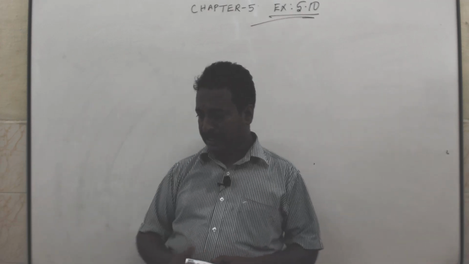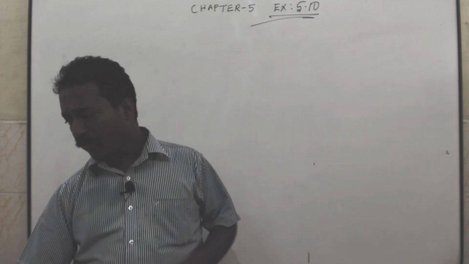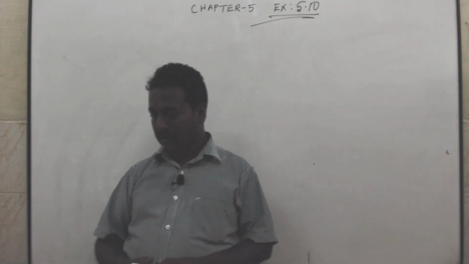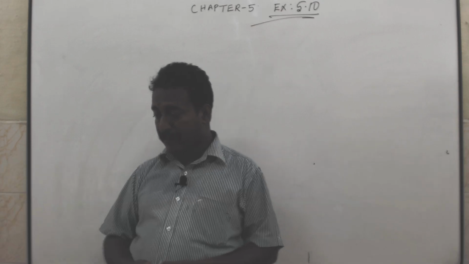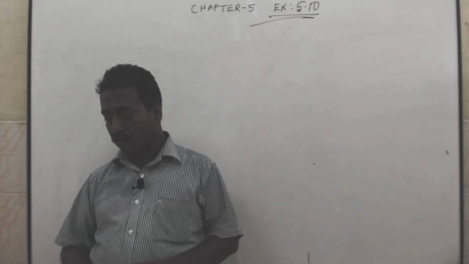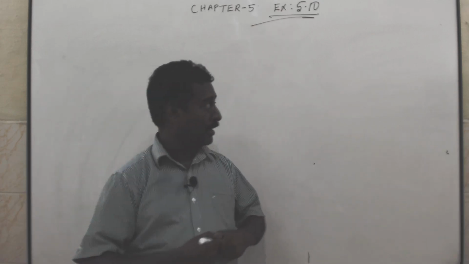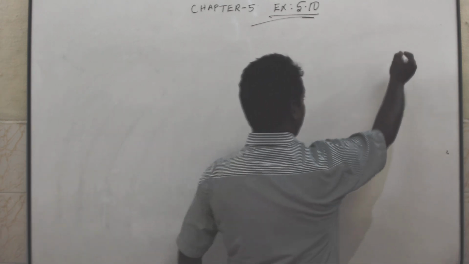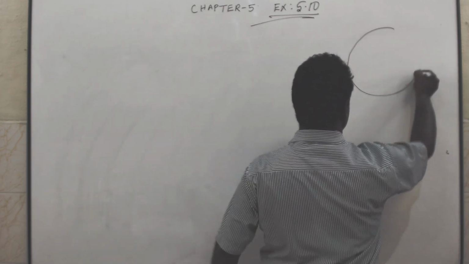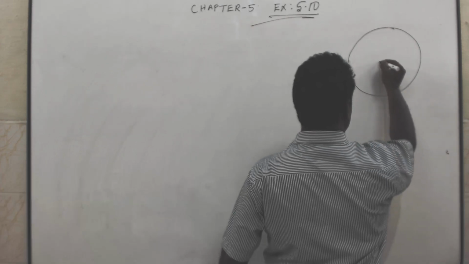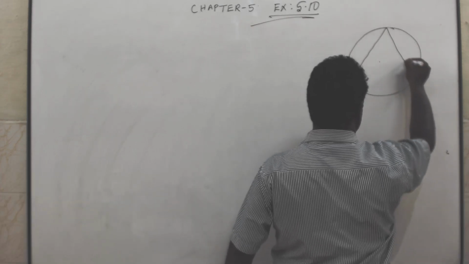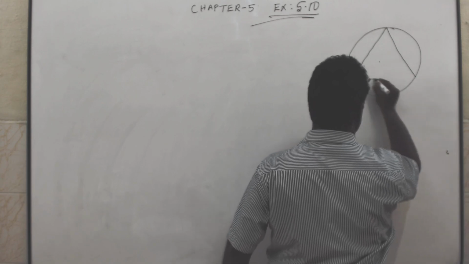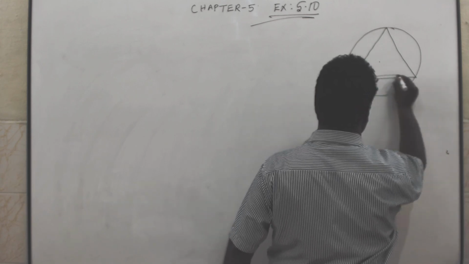Example number 5.56. Prove that the volume of the largest right circular cone that can be inscribed in a sphere of radius A is 8 by 27 of the volume of the sphere. See what they are saying: a sphere whose radius is A, and a cone inscribed in it.